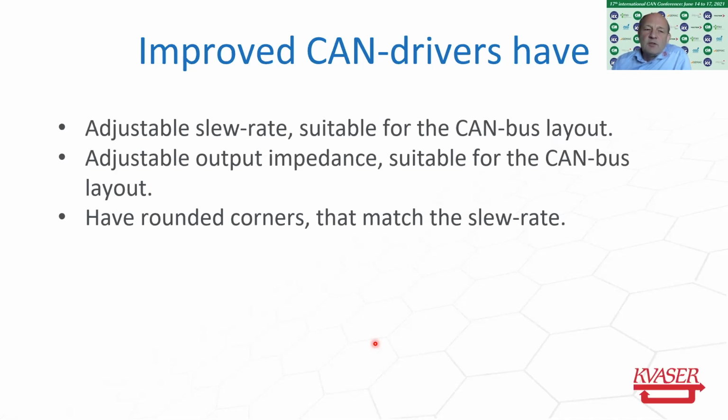It's also good if you have an adjustable output impedance, or one matched to the cable. CAN drivers today typically have an output impedance of 10 to 20, 30 ohm, and that's not very suitable to drive the bus.